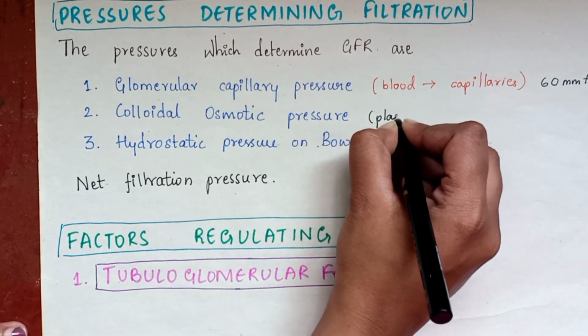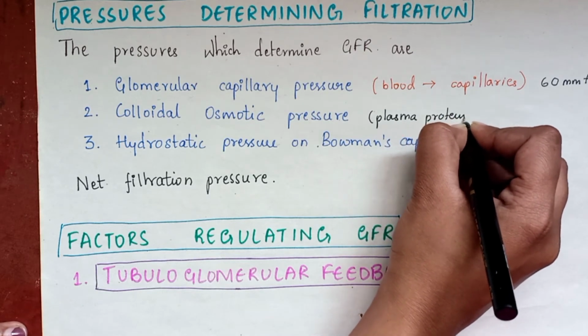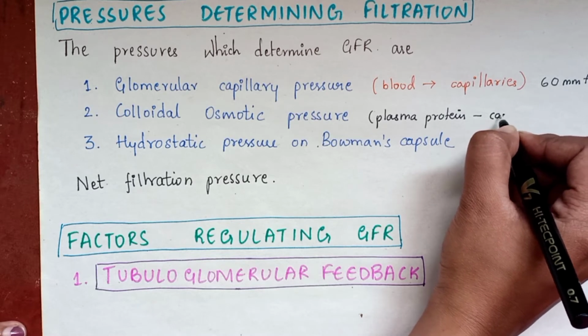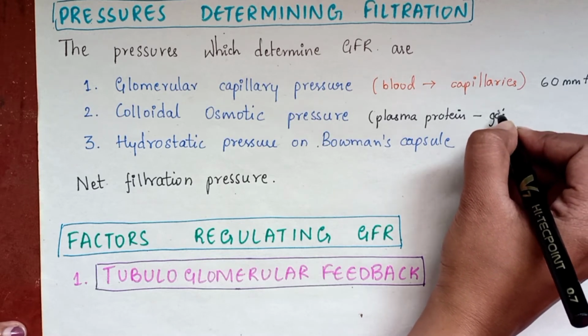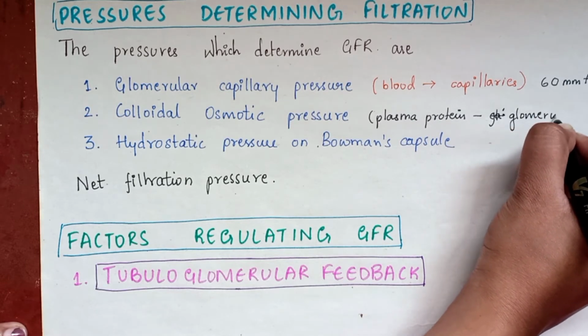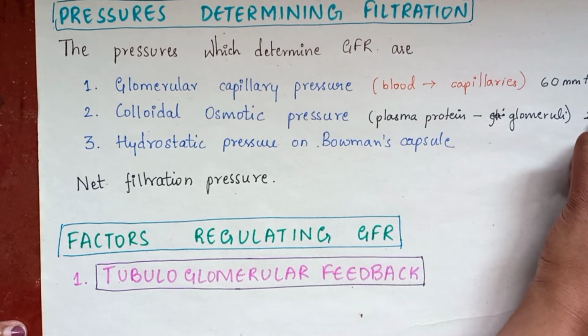Next we come to the colloidal osmotic pressure. The name itself suggests it has something to do with the colloidal particles in blood, those are the plasma proteins. So colloidal osmotic pressure is the pressure exerted by plasma proteins in the glomeruli.